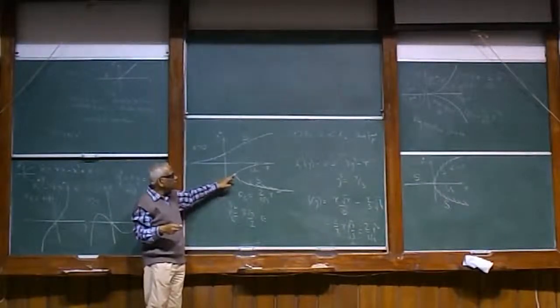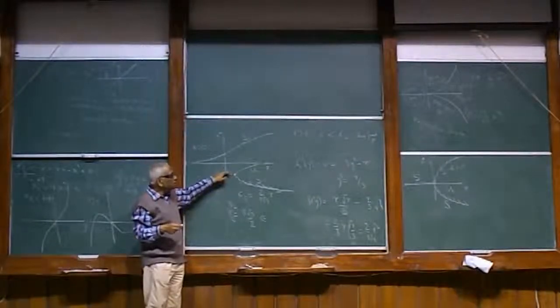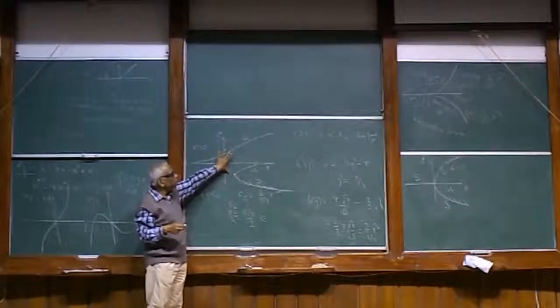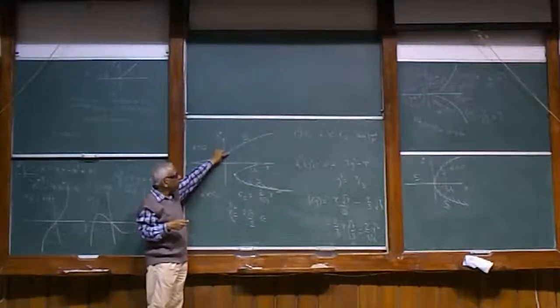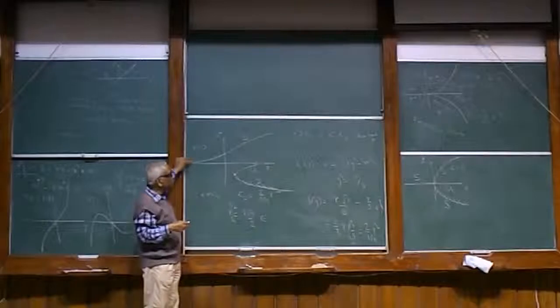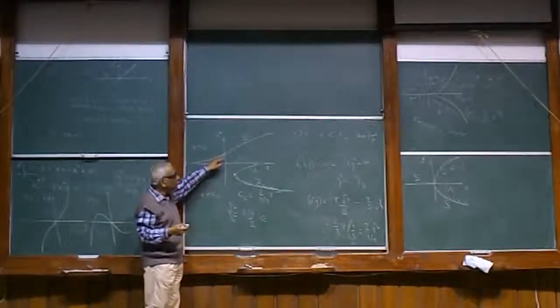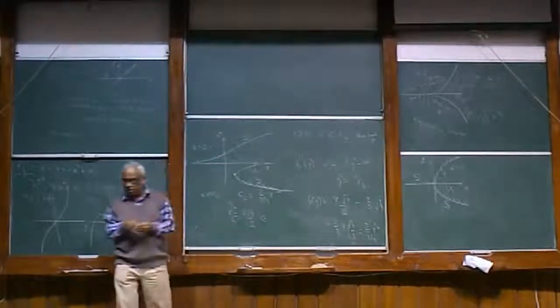So suddenly you are on the other curve, there is a finite jump in the magnetization, and you change from this curve over here to this curve over here, and then as you raise the temperature some more, you go down to 0. So there is a jump in the magnetization.